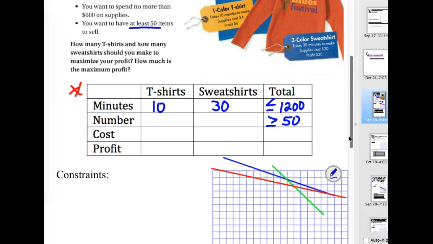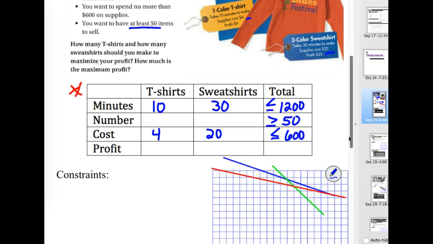It says a t-shirt costs $6 and sweatshirts cost me $20 to make. And how much money do I have available to buy all that supplies? No more than 600, so we would be less than or equal to 600? Does that make sense? Okay.